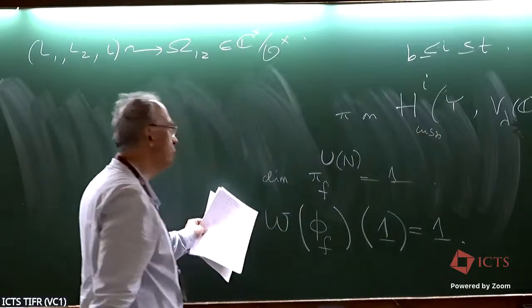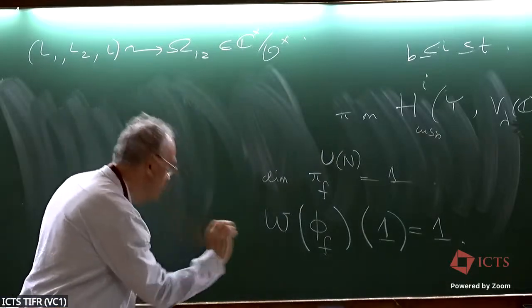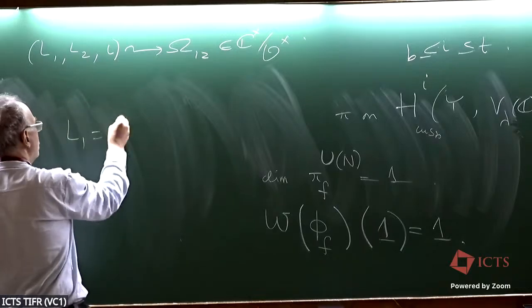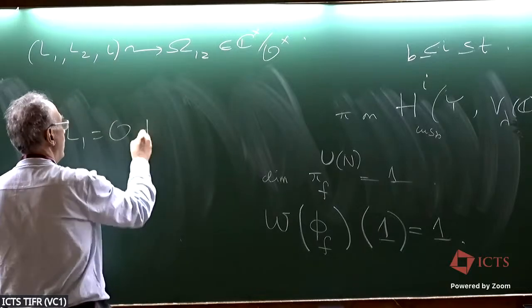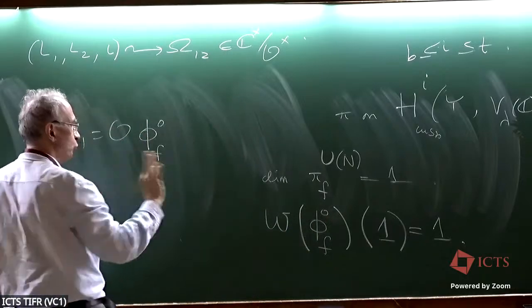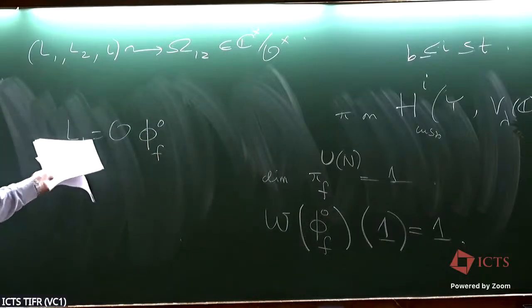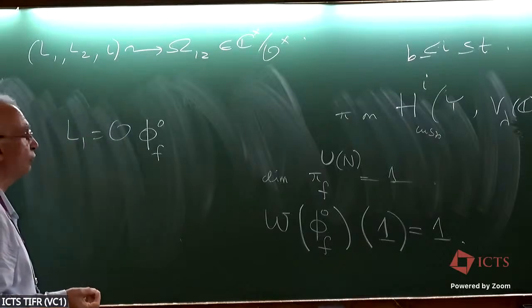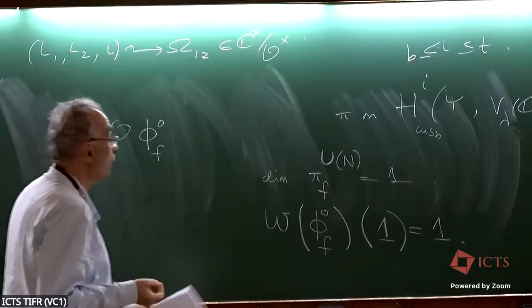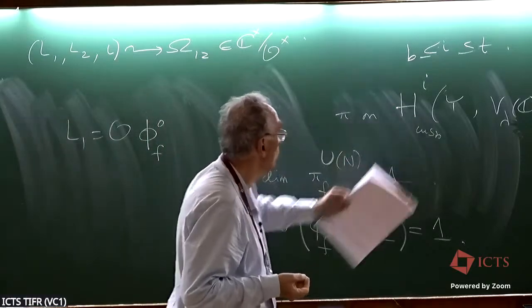So this is what we impose, and this fixes exactly one Whittaker function. And so our first module will be O phi_f, so maybe this is phi_f 0, because we fixed it. So this is L1. Then we need to define a basis of L2. So what is L2? Then we take the Betti cohomology.